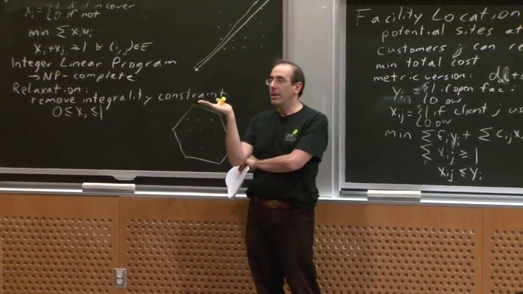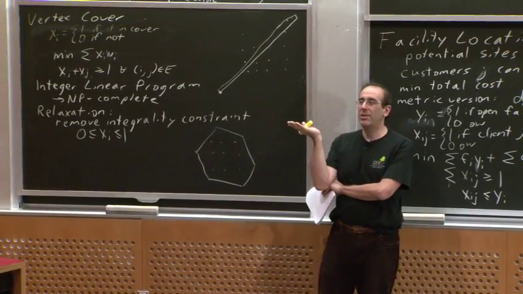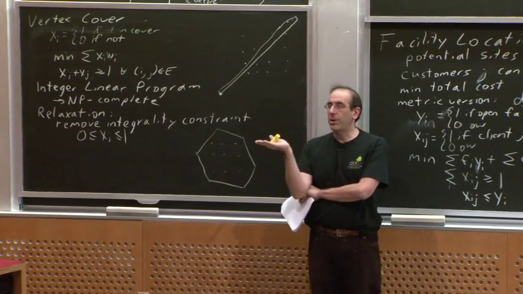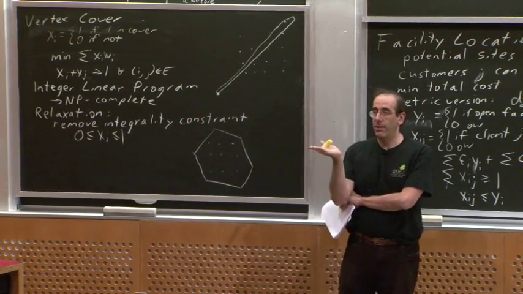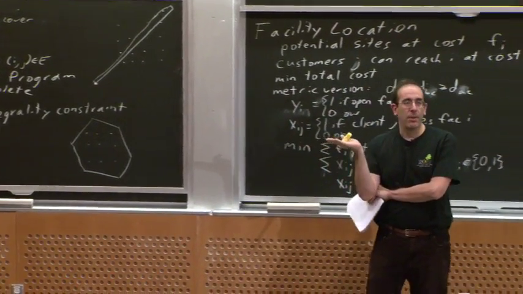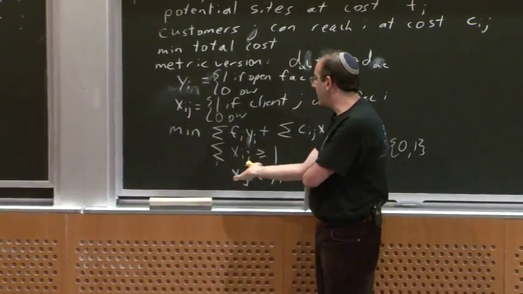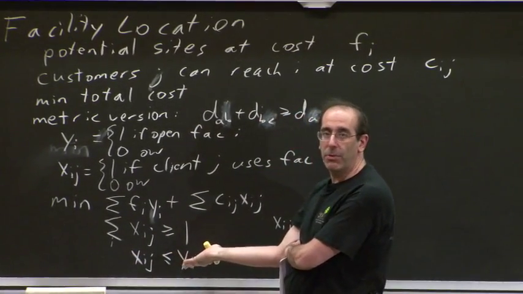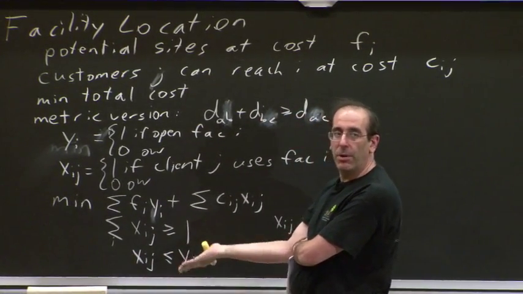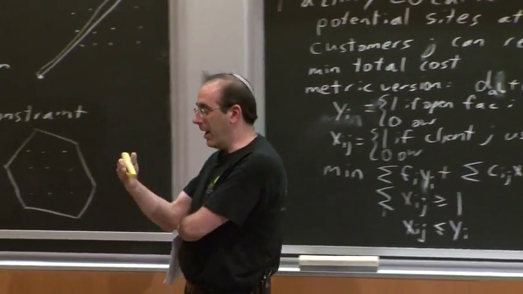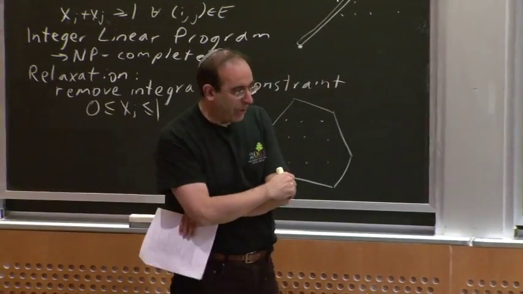If we have a positive variable, then we'll turn it into 1. And this will certainly give us a feasible solution for the same reason as it did for vertex cover. We're not allowed to have all of the xij's be 0. Some of them have to be positive, which forces some of the relevant yi's to be positive. So we will be forced to open so that everything can be served.